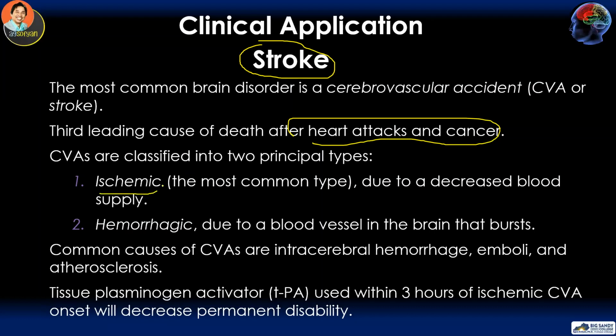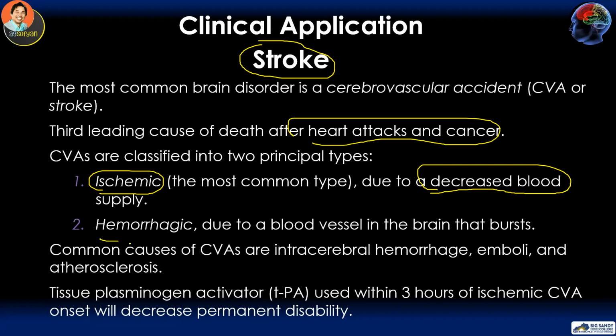Maybe ischemic, which is the most common type, where the blood circulation is decreased and there is a blockage in the coronary artery or common carotid artery that blocks the circulation of blood to the brain.